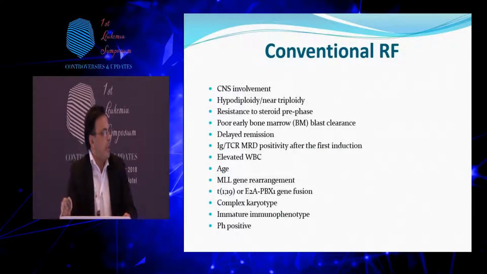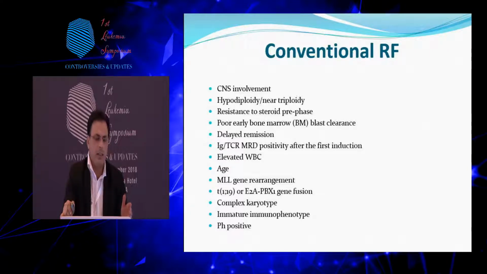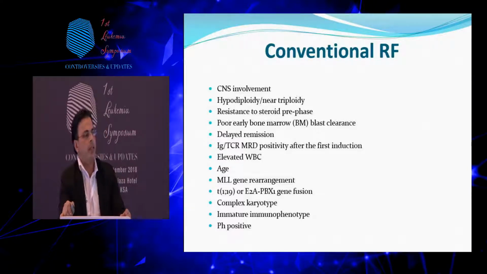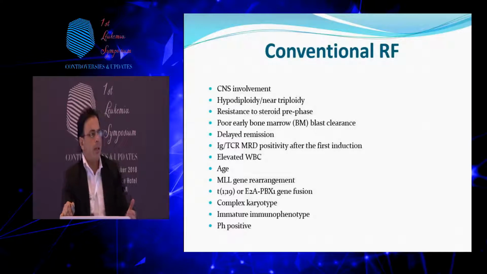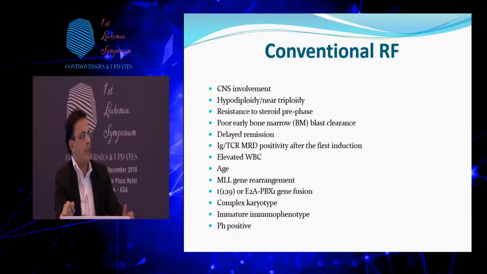Back in the era of the adult type chemotherapy protocol, investigators looked back on these patients, and they identified a set of risk factors that correlate with higher risk of relapse. These became the high risk features, or what we now call conventional risk factors, used to classify patients into high risk and low risk, and thus decide how to consolidate these patients.